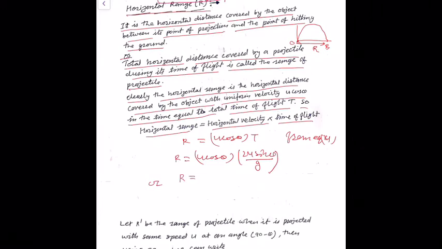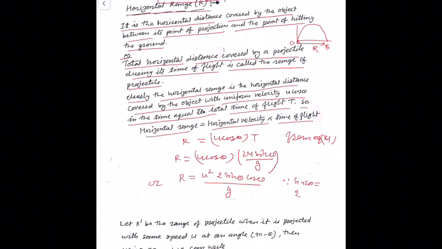or we can write R equal to u square 2 sin theta cos theta upon g.